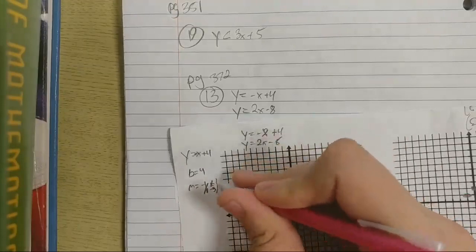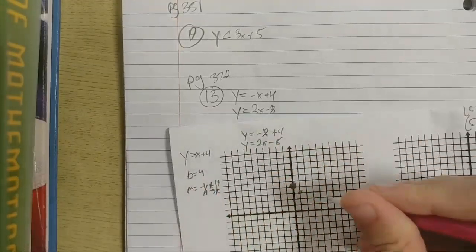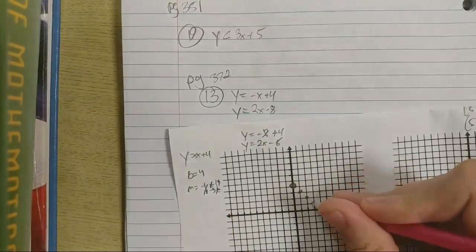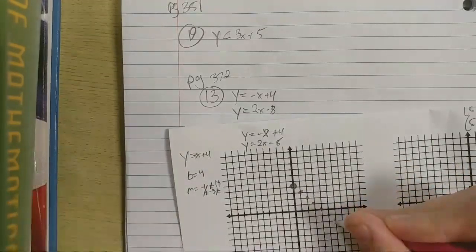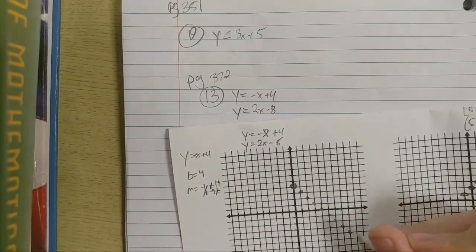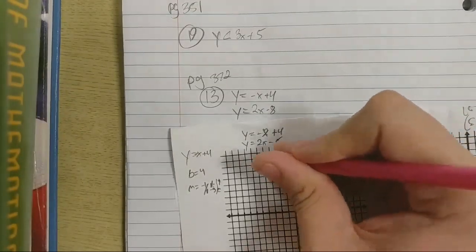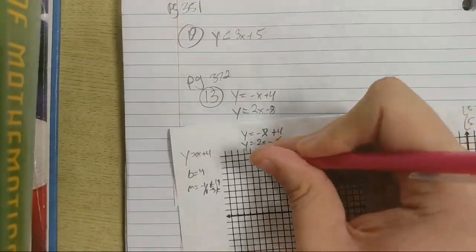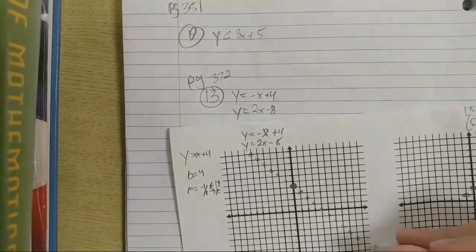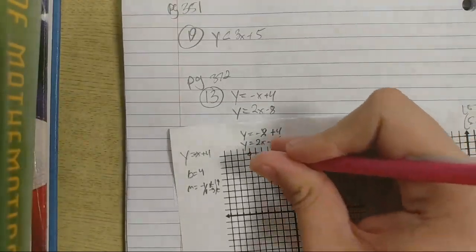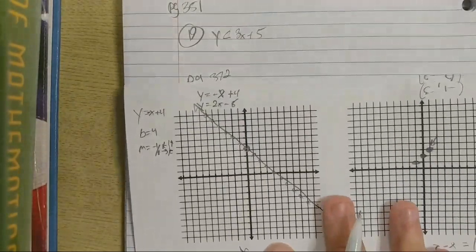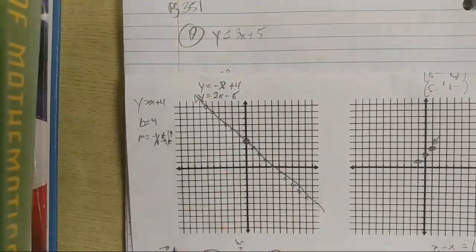That's the same as going up one, left one. Continue on going. Connect them dots. Not my best line, but whatever. Down and right, up and left.